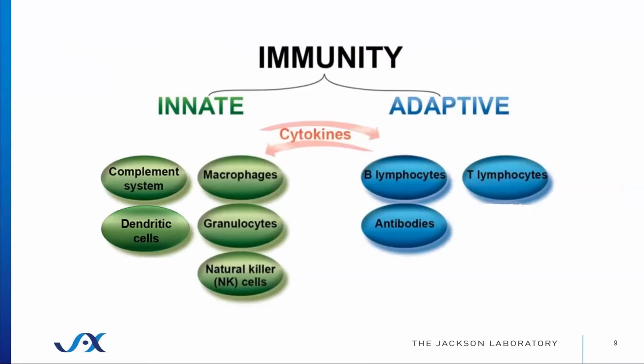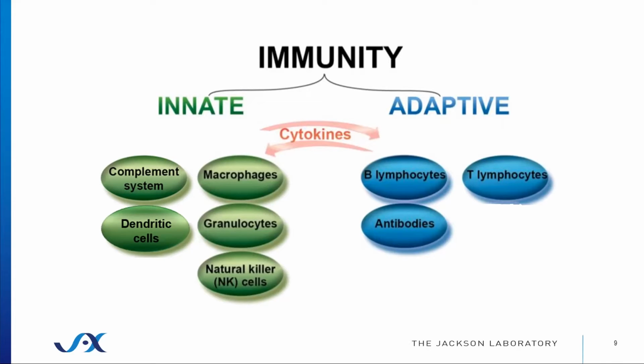Before we can understand how and why we might want to select an immunodeficient strain, we need to know how the components of the immune system work together. There are two main branches of immunity in mice and humans, the innate and the adaptive. The innate branch of the immune system, shown on the left in green, can be considered a first-line defense against pathogens and foreign invaders.